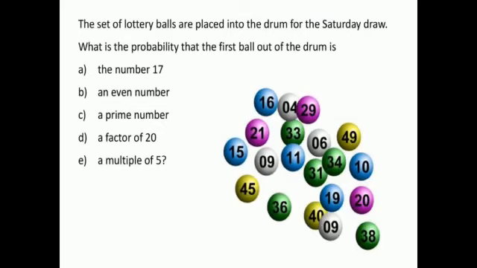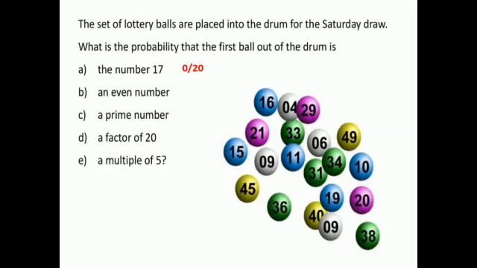Here some balls are there, and numbers are written on them. According to the numbers, we have to complete 5 questions. The probability of getting the number 17. Have a look, 17.